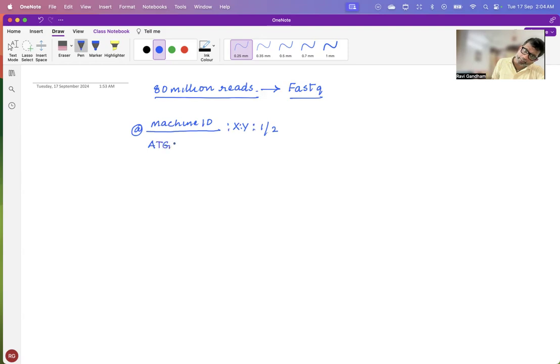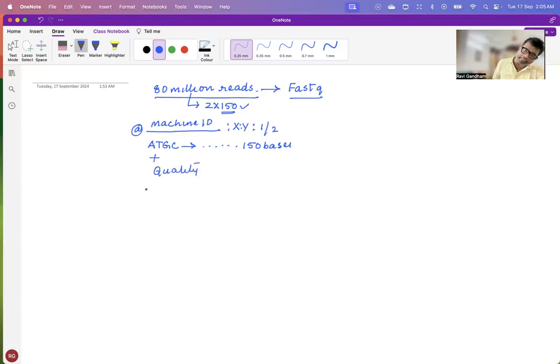For example, for the 80 million reads we have generated 2 into 150. So this read length should run to 150 bases. And the next one will be a plus sign, followed by the last line, which contains the quality.